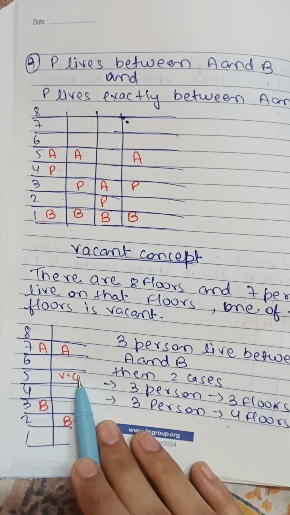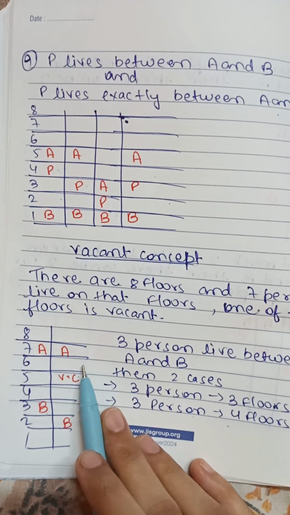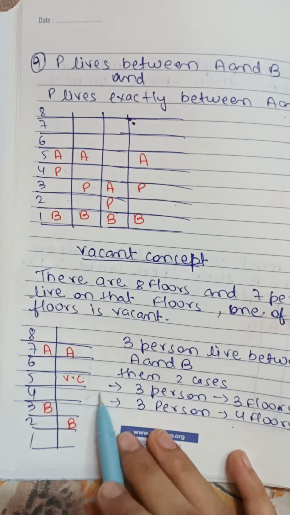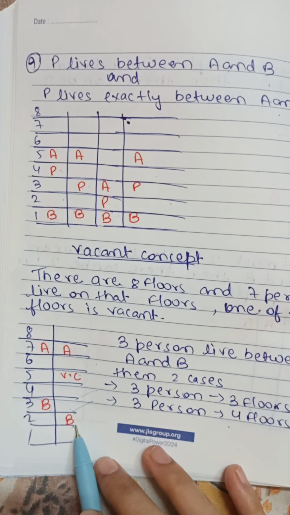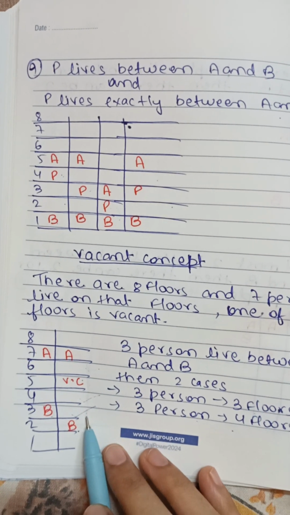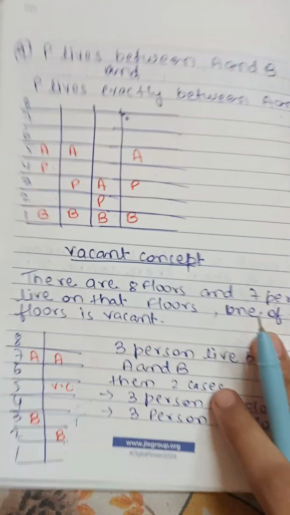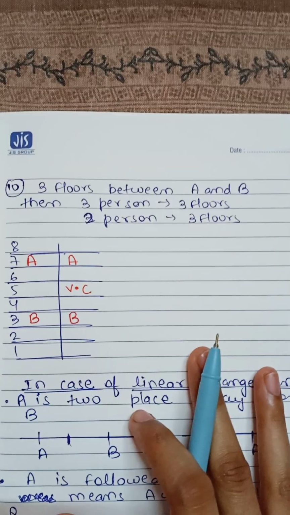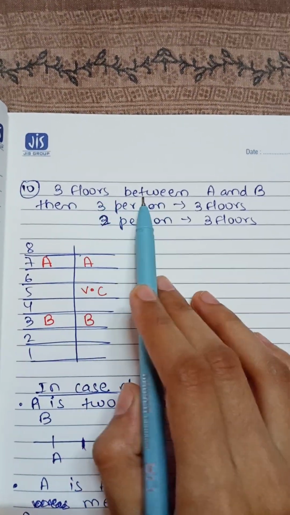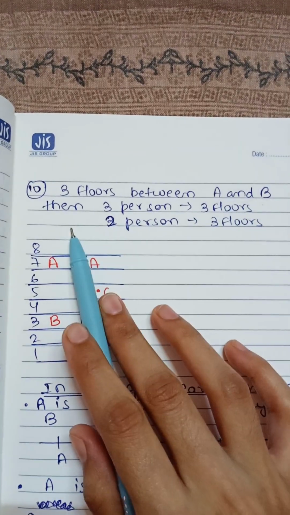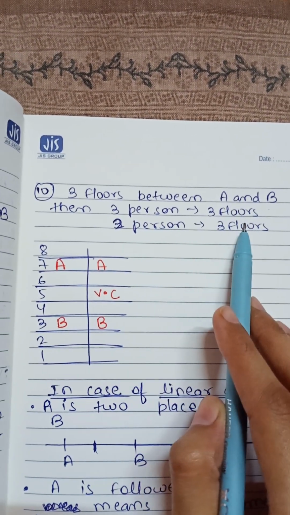Then we have to place 3 persons between A and B. So we consider first person here, second person here, third person here, then B. Means 4 floors are there. Now 3 floors between A and B. Then 3 persons, 3 floors.